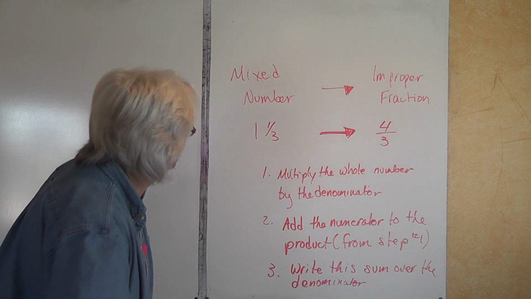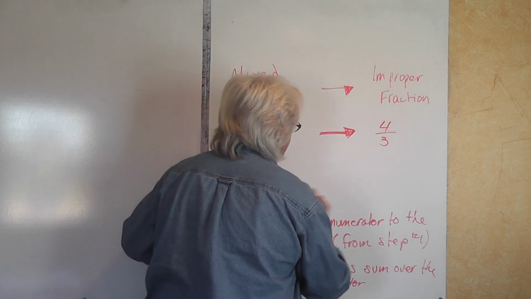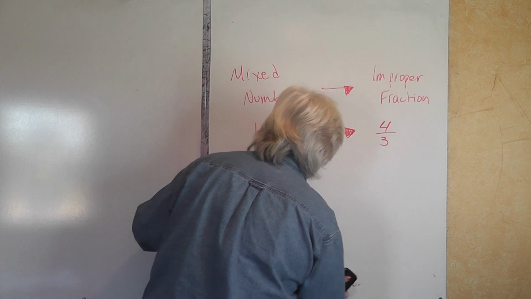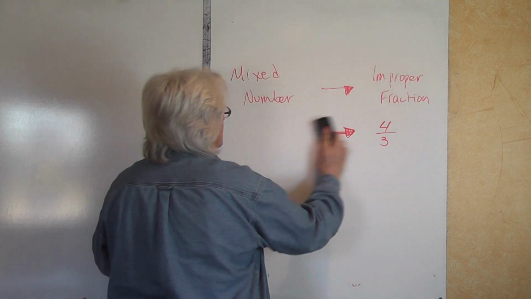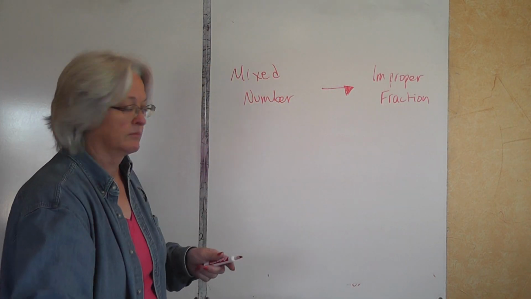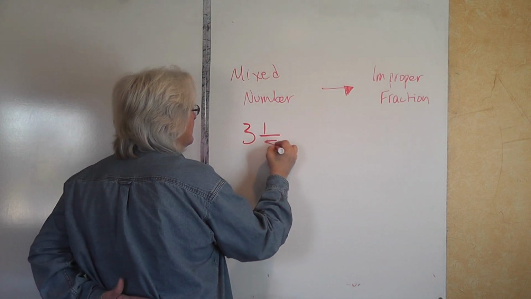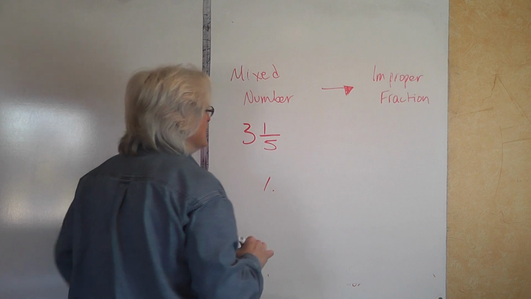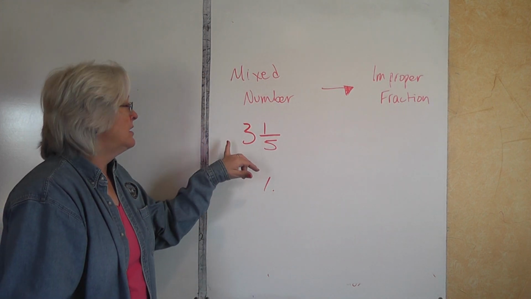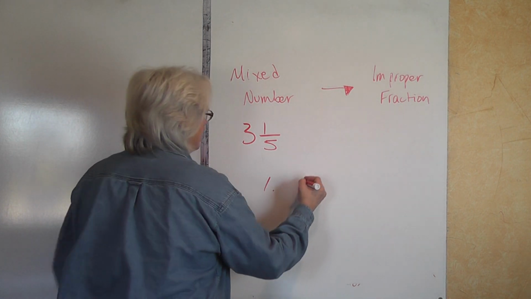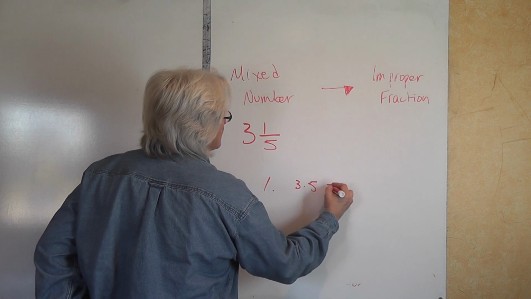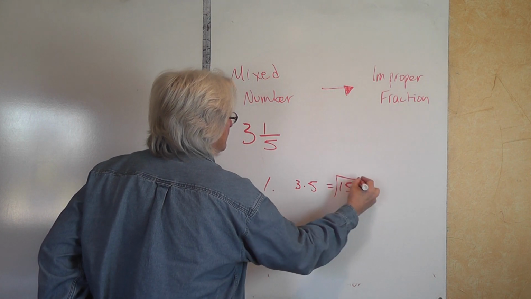3 1/5. Three and 1/5. The first step says multiply the whole number by the denominator. 3 times 5 is 15.